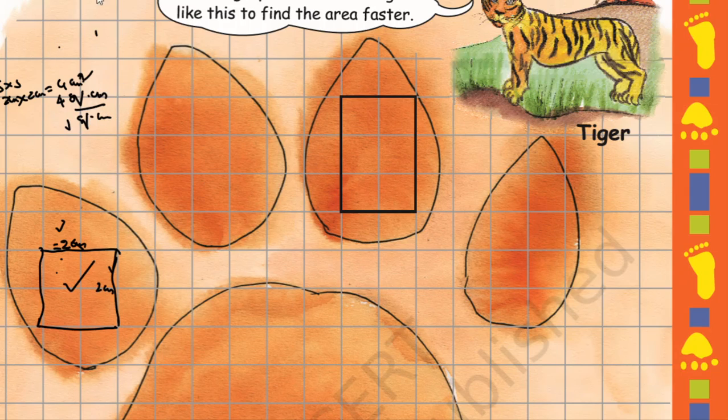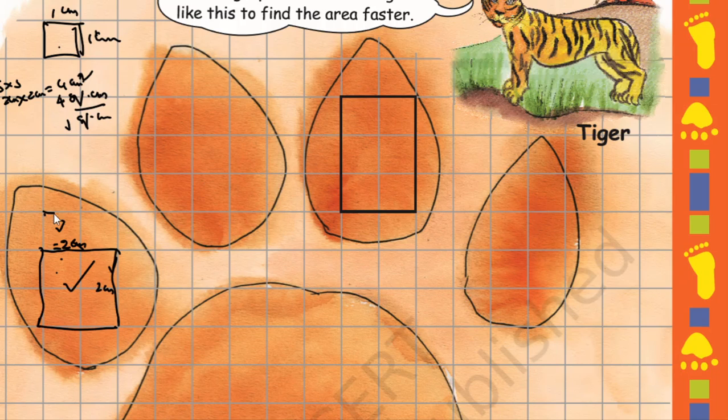Already I explained: if the given square is 1 centimeter side, this is 1 centimeter and this is 1 centimeter, we count the area as 1 square centimeter. So this is the one full square.